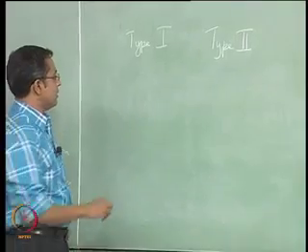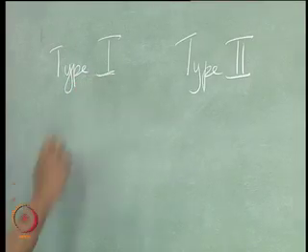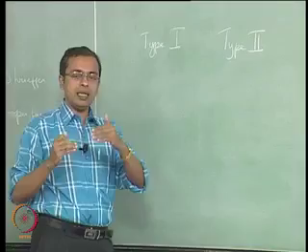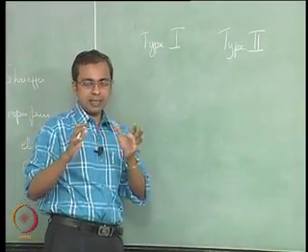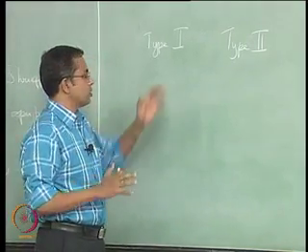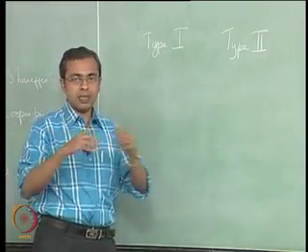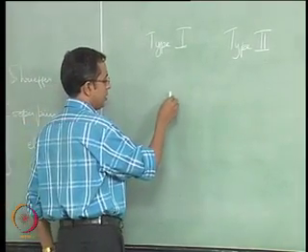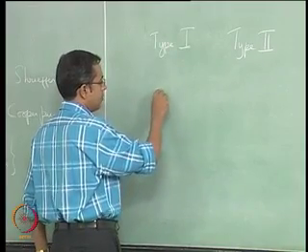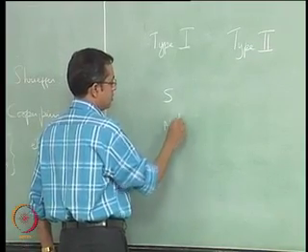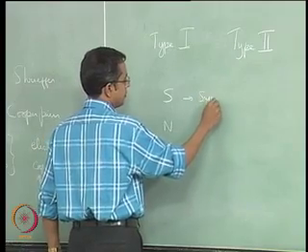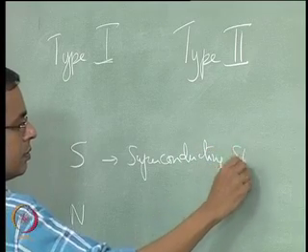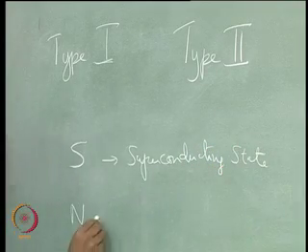The difference is simply this. In a type 1 superconductor, what we just described is how the system behaves: you raise the magnetic field that the superconductor is experiencing, and when you cross some threshold the superconducting state suddenly fails. We use the terminology S state and N state. This is the superconducting state, and the N state is the normal state.